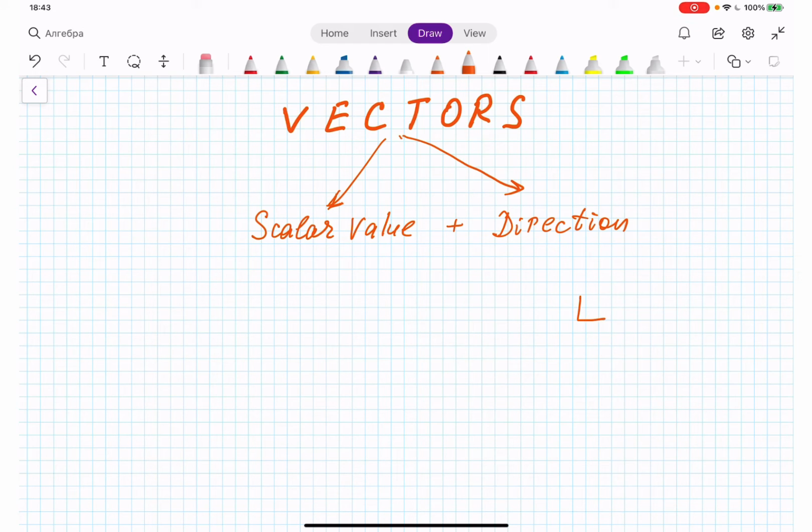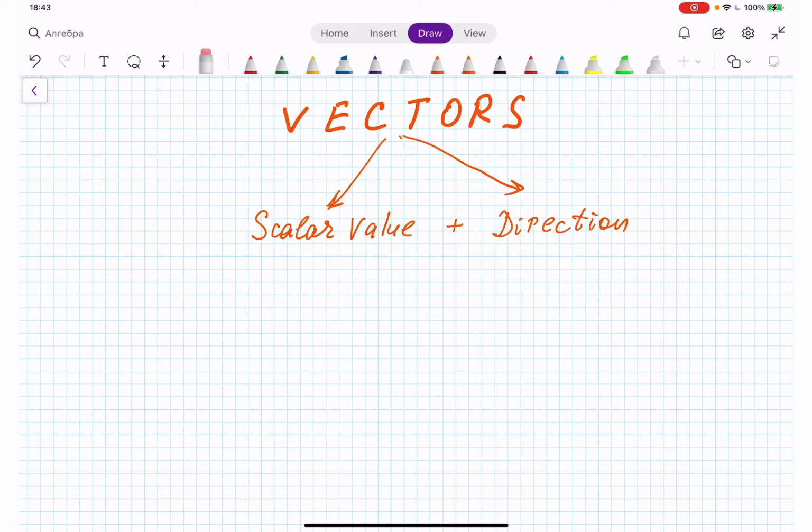Let's say you have some object, so force can be from this side, from the bottom to the top, and so on. So force is also directional, correct? For vectors like that, how much and where are both equally important, the scalar value and the direction.